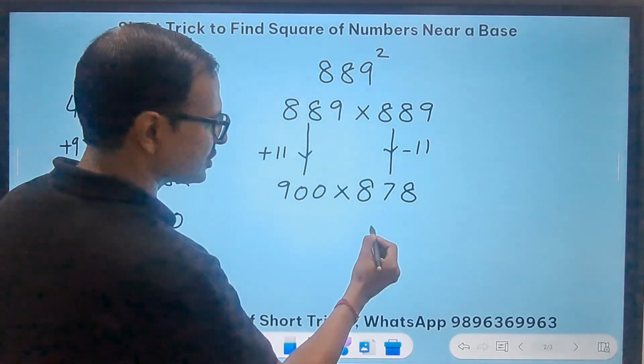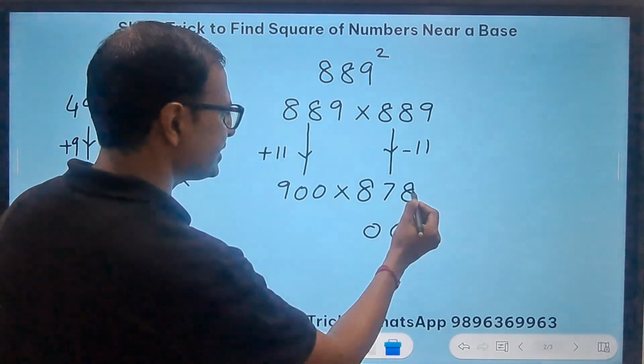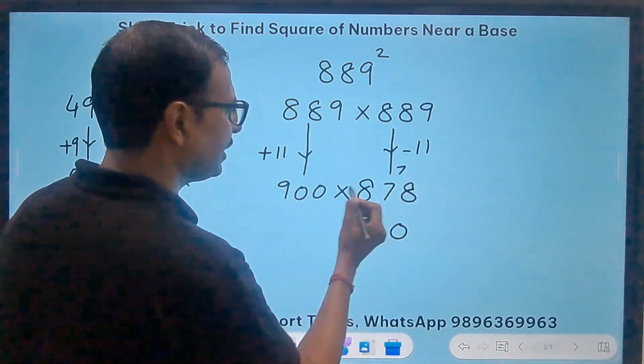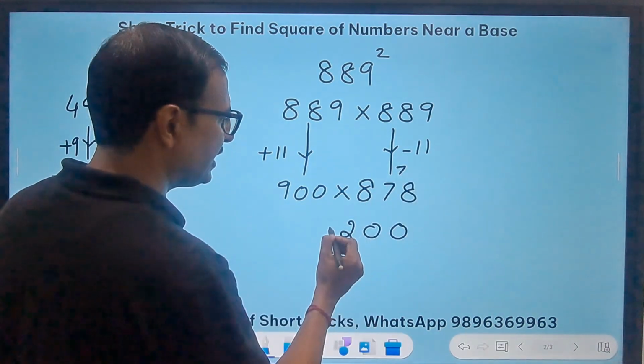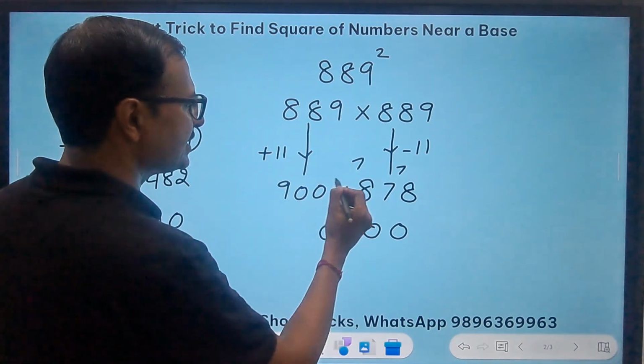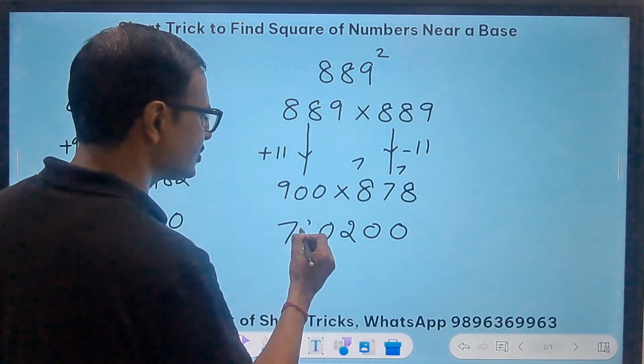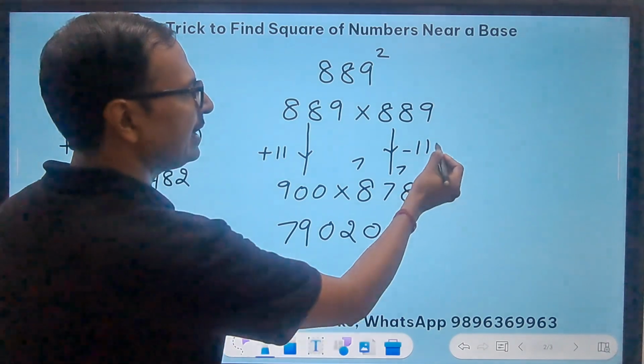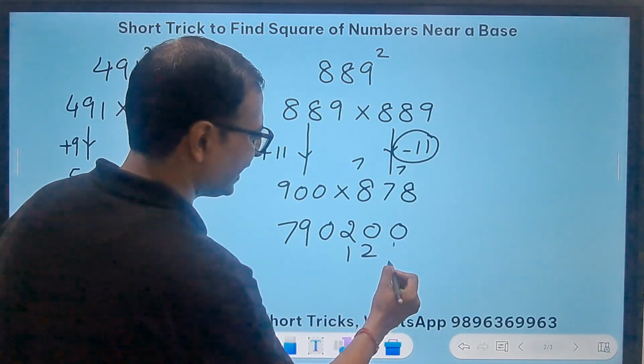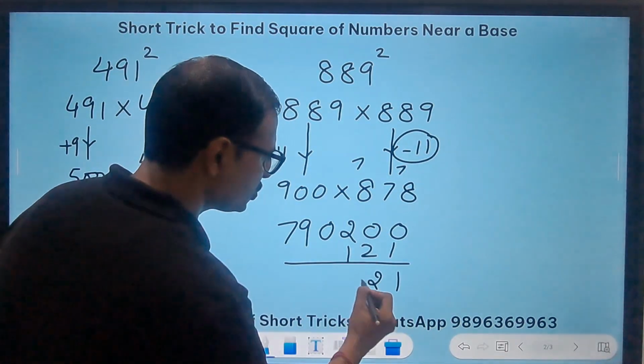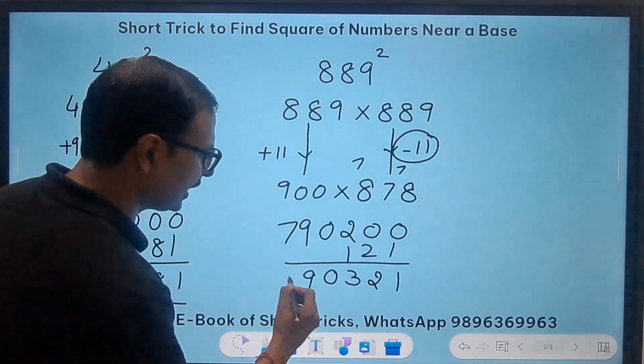Now multiplication. So 0, 0. 9 eights are 72. So 2 and a 7. 9 sevens are 63, 70. So 0 and a 7. 9 eights are 72 and 7, 79. So 790200. 11 square is 121. So 1, 2, 3, 0, 9, 7.